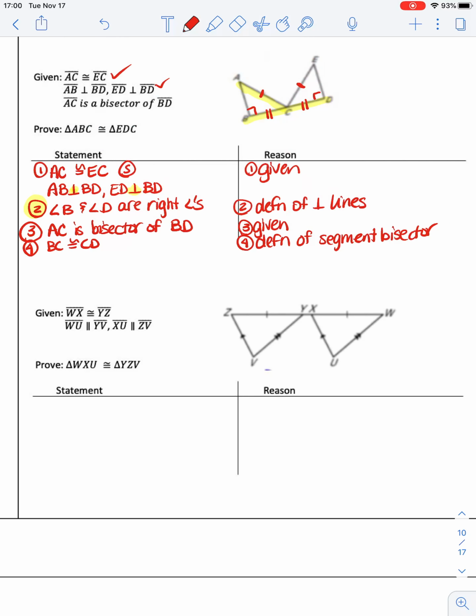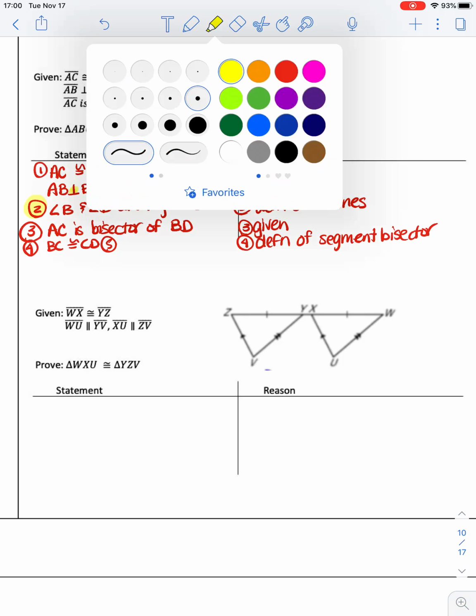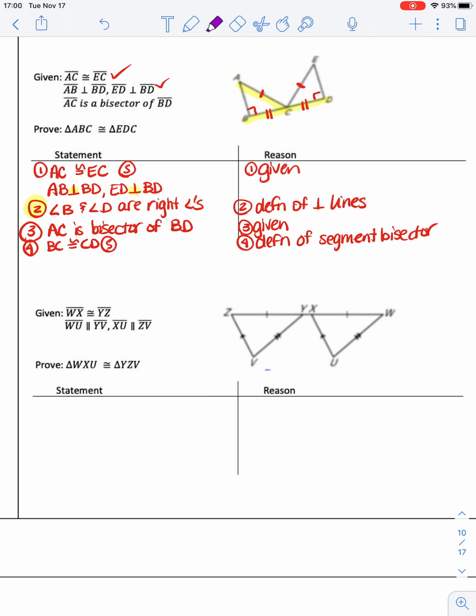All right, so now here's what I've got. If you look at your sides, look at what you've got. Well, let me see. I've got a side congruent to a side, and so I've got my sides. Now I have to decide what to do with my angles. So I have a side congruent to a side and another side congruent to a side. Now the only angle that I have is that 90-degree angle. I don't know any other angles. There's no other piece of information that I have.